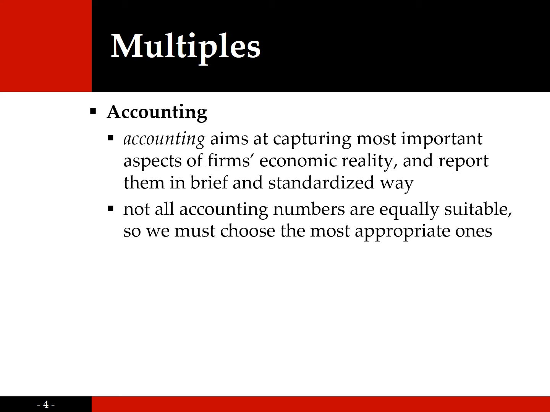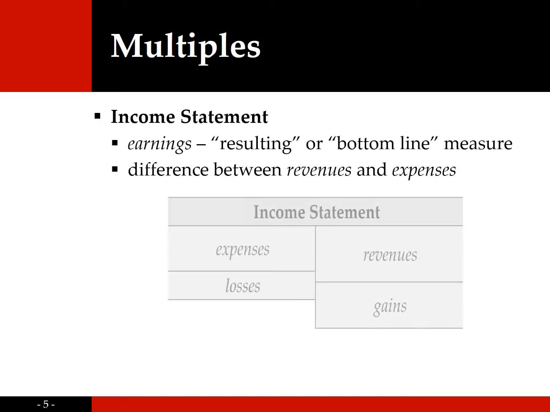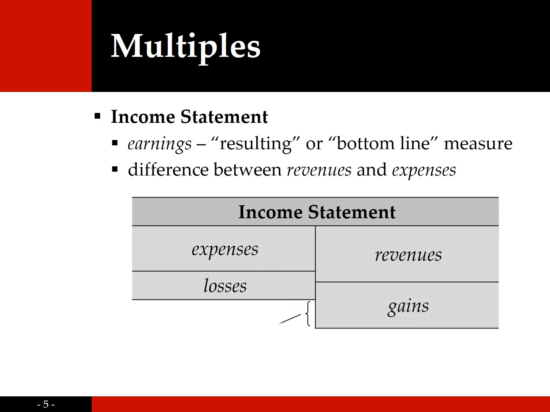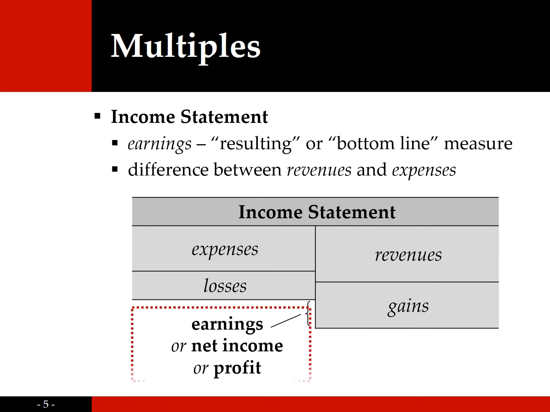And therefore, we need to make some choices as to what accounting numbers will be most appropriate to measure the size of the fundamentals. When looking for the right accounting number, we are essentially trying to identify a measure that is a good proxy for the magnitude of the company's base to generate future cash flows.